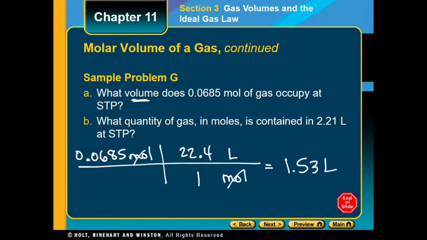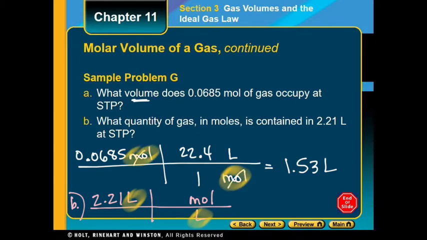And then in part B, it says what quantity of gas in moles is contained in 2.21 liters at STP. So again, our given information, we have 2.21 liters of an ideal gas at STP, and liters to moles, because liters do match up here and here, just like moles matched up there and there, so that we can cancel them.